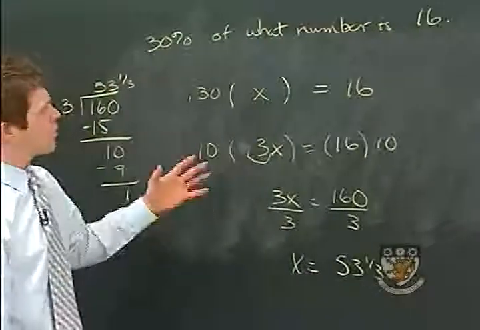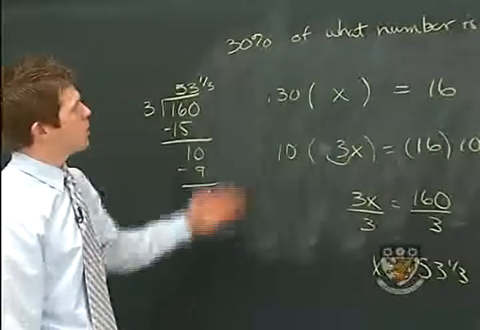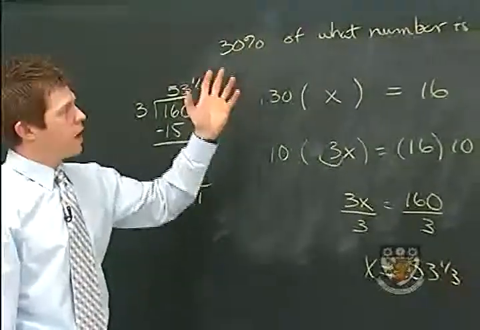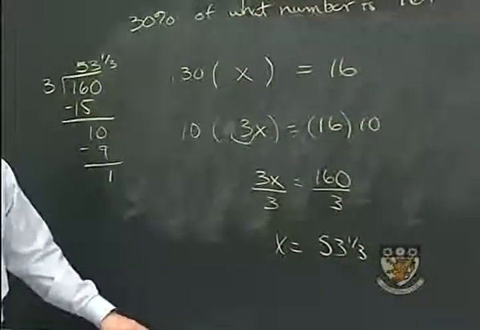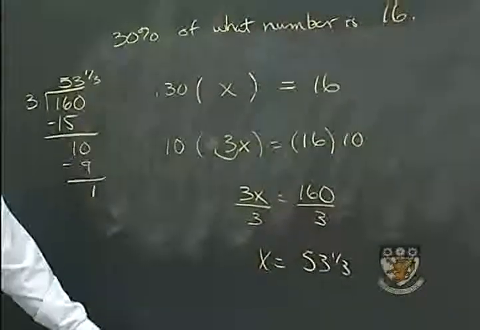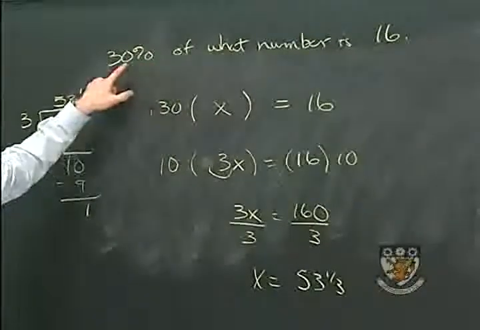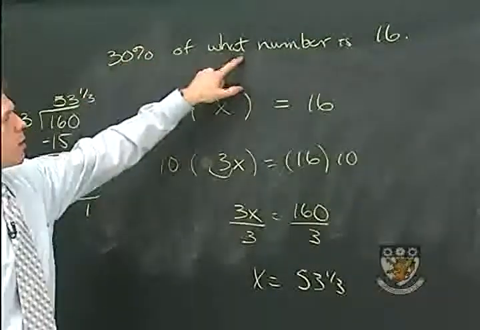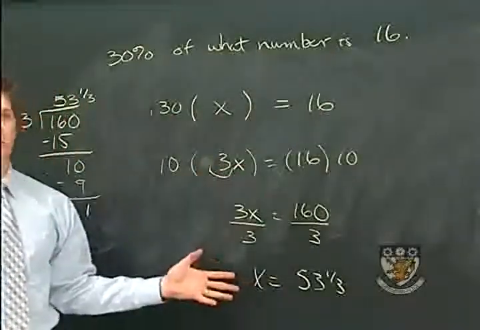Now that one's a little more involved, but it really is a similar question to what we just asked a few moments ago. Just they rewrote it a different way. And texts and different math books and different tests will do that to make sure that you understand what it is that we're doing. But if you look for your clue words, 30% of what number is 16, now it just becomes a simple algebra equation.